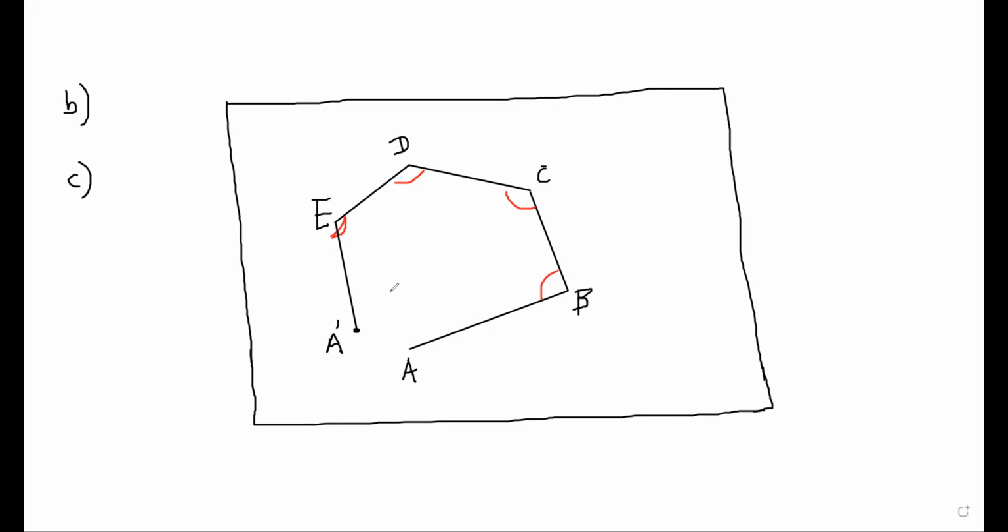But I draw just one possible way. Sometimes, remember, it may go somewhere there and stop at A dash here. Somehow it will not come to A practically. So once you make this step C, you will end up with this type of figure. A misclosed polygon. And we cannot say a polygon also. Misclosed figure.